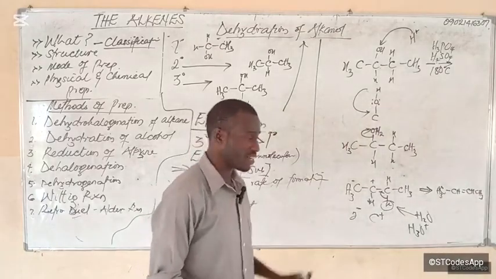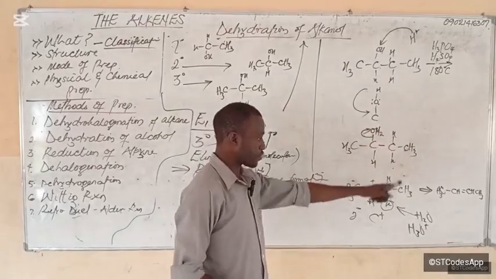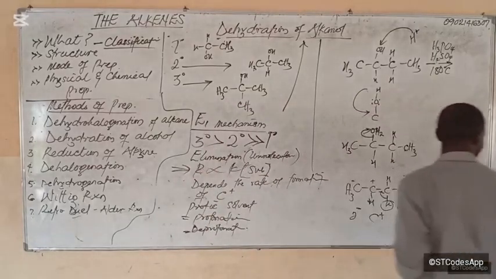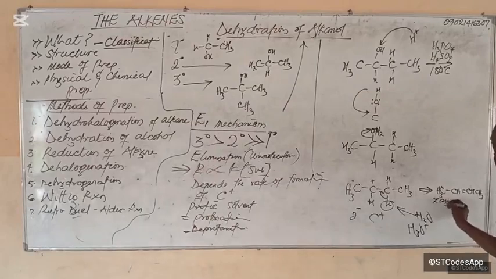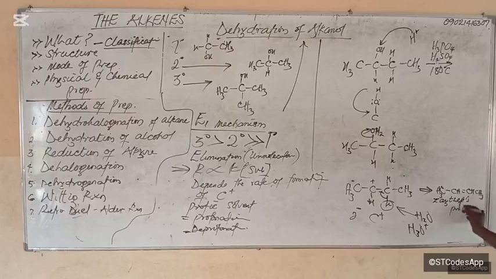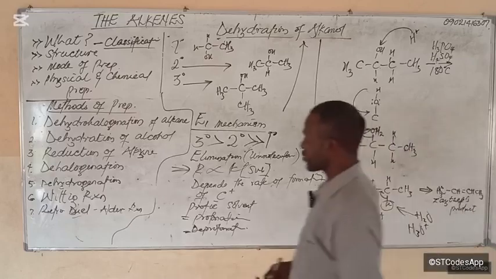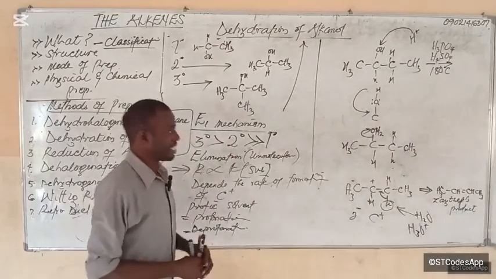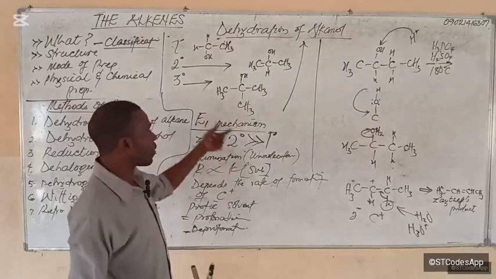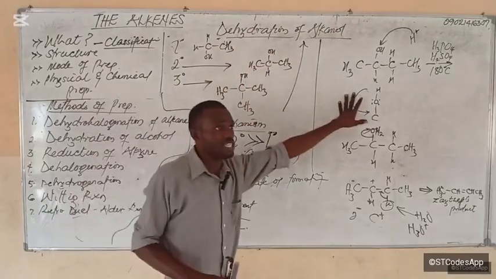Do you understand now? This is the major product, or Saytzeff's product. So that is the case with an E1 mechanism using dehydration.